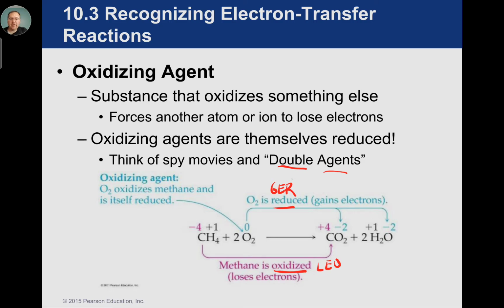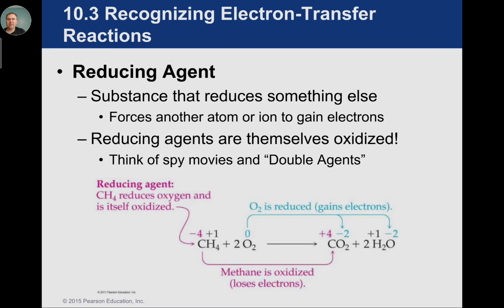So because oxygen is being reduced, it's forcing carbon to be oxidized. So you can imagine the opposite is also true. If you were to think of the reducing agent, you would think of carbon, because if carbon's giving up electrons, it's going to force somebody else to take them. So in this situation of that double agent, you're kind of paying off oxygen with electrons to get information.